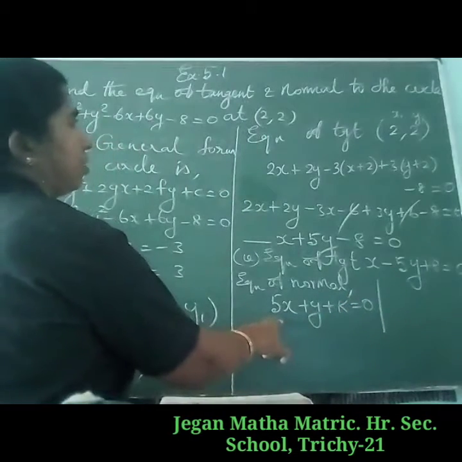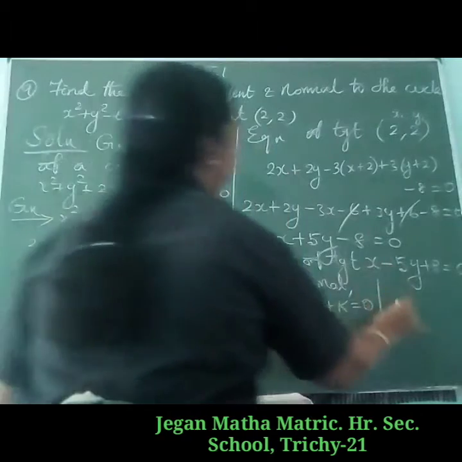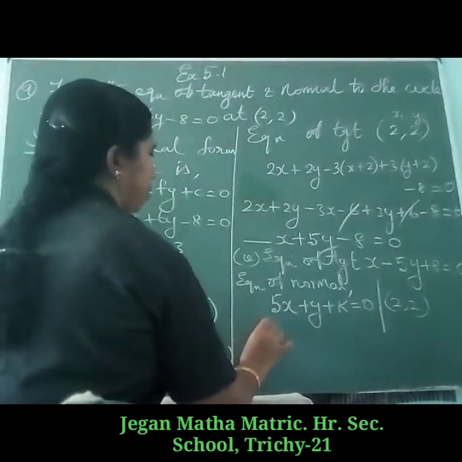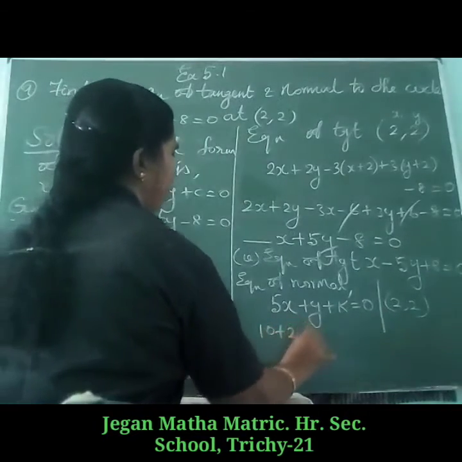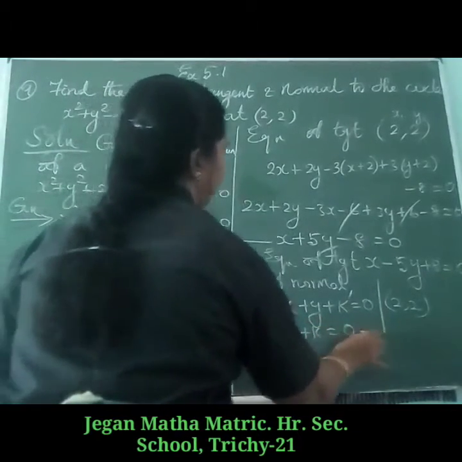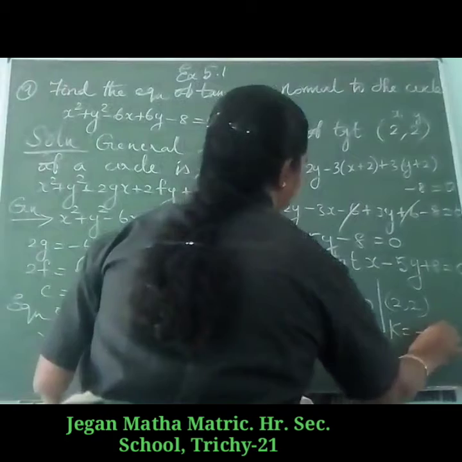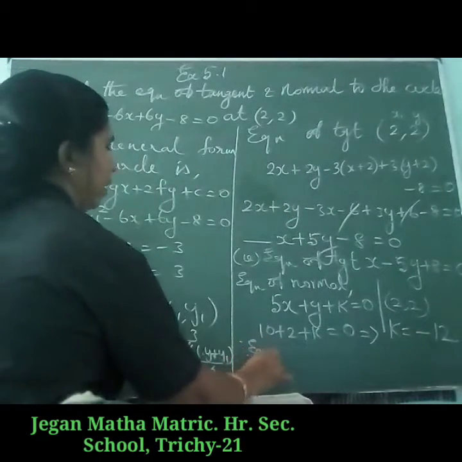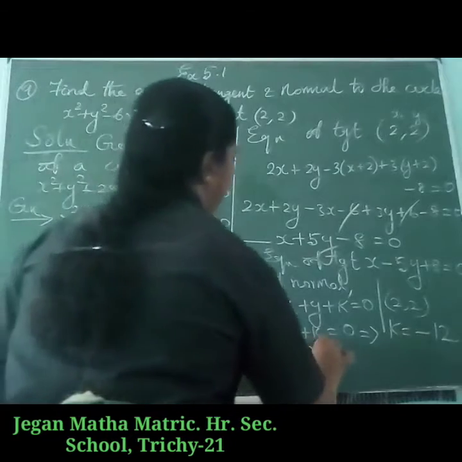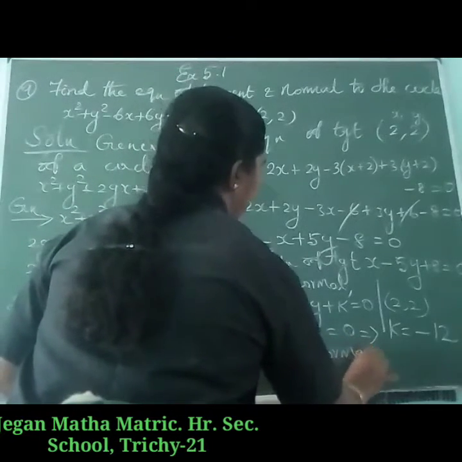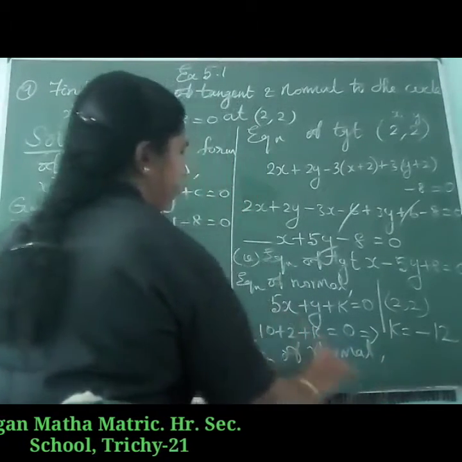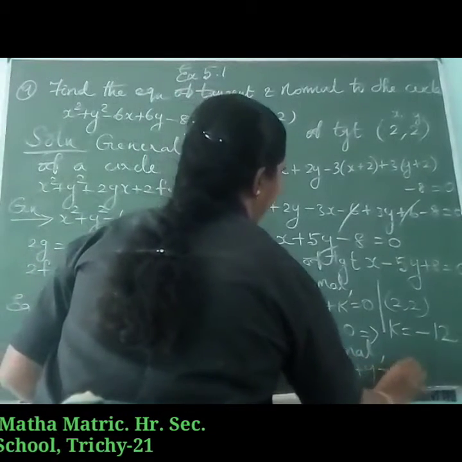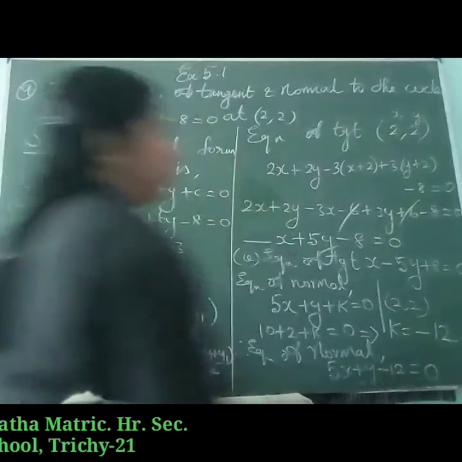For this equation also, we have to consider the given point (2, 2). So 5 into 2, 10 plus 2 plus k equal to 0. Therefore, the value of k is equal to minus 12. Therefore, the required equation of normal is 5x plus y minus 12 equal to 0.